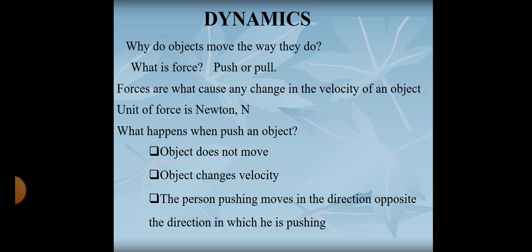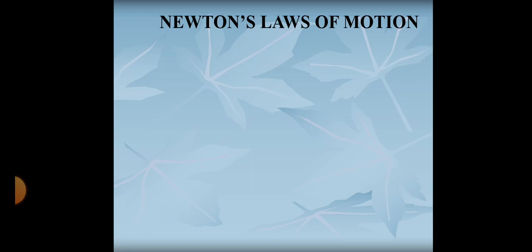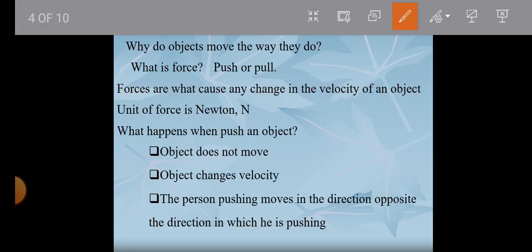Obviously, force is going to change the velocity. When something is moving, I can just put my hand like this and that thing stops. You can see that is the effect of force. What happens when we push an object? The object changes velocity.